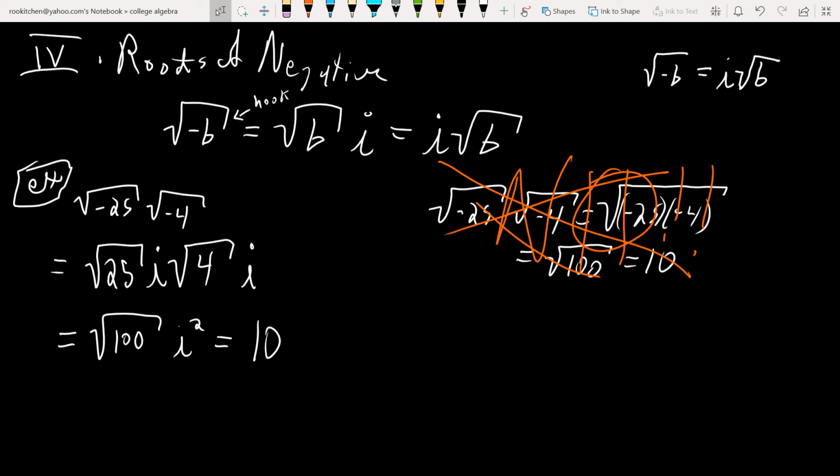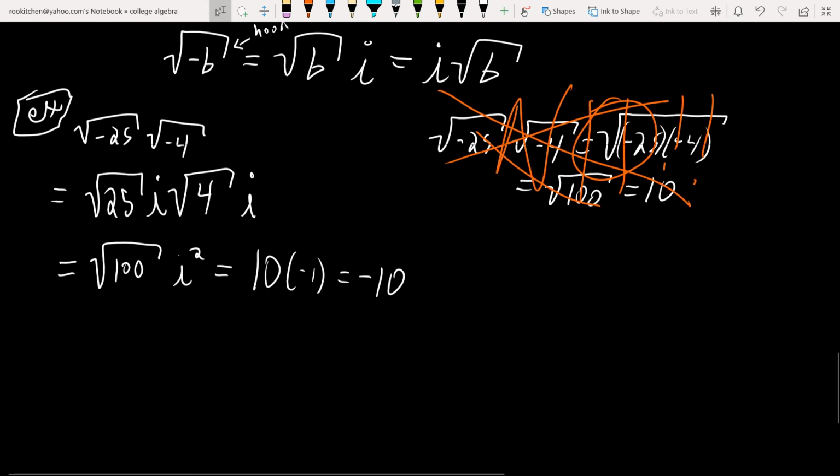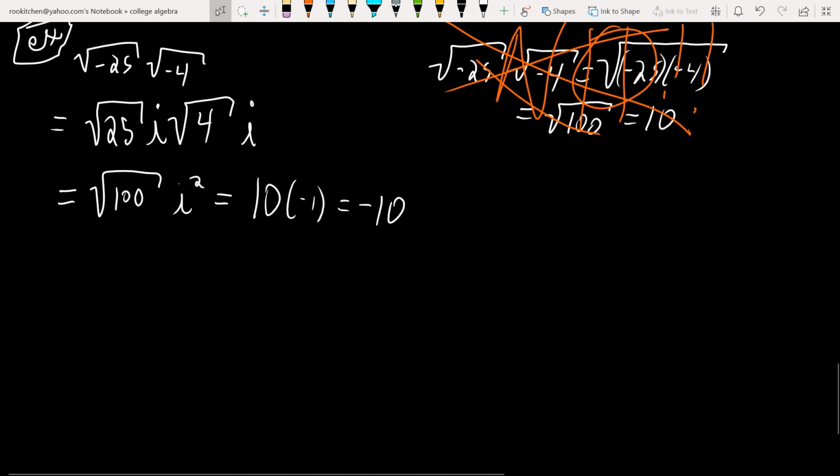Square root of 100 is 10, i squared is negative 1, so you end up with negative 10. The other way you end up with positive 10, which is wrong. So just be careful. It's just like in English, there's a right way to say some stuff and a wrong way, and if you say it the wrong way, people have the wrong idea of what you mean. It really comes down to being able to communicate to other people what you mean.